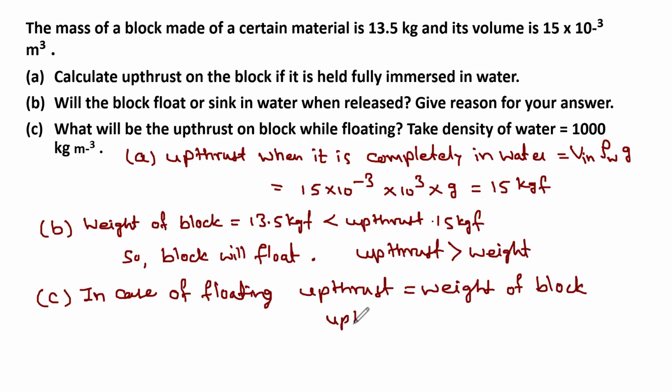So the upthrust in case of floating will be the weight of the block, that is 13.5 kilogram force. This will be the upthrust when the block is floating on the surface of water. That's it.